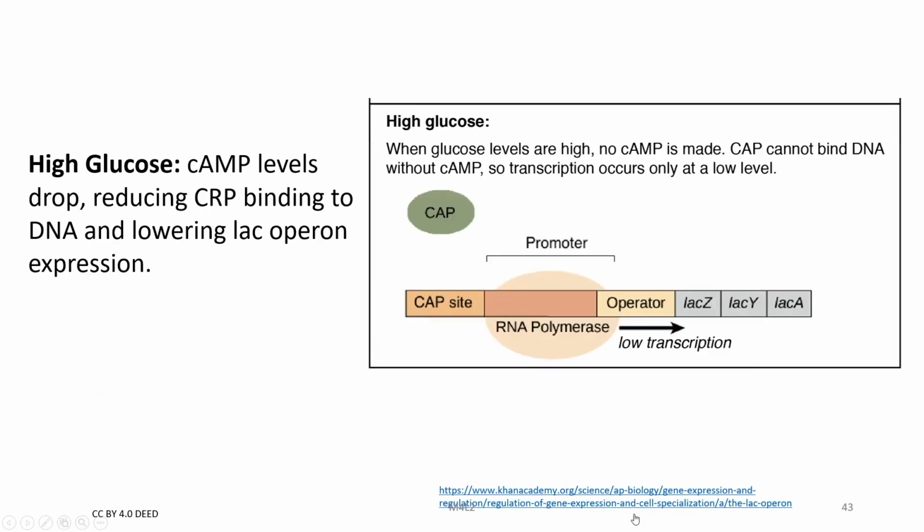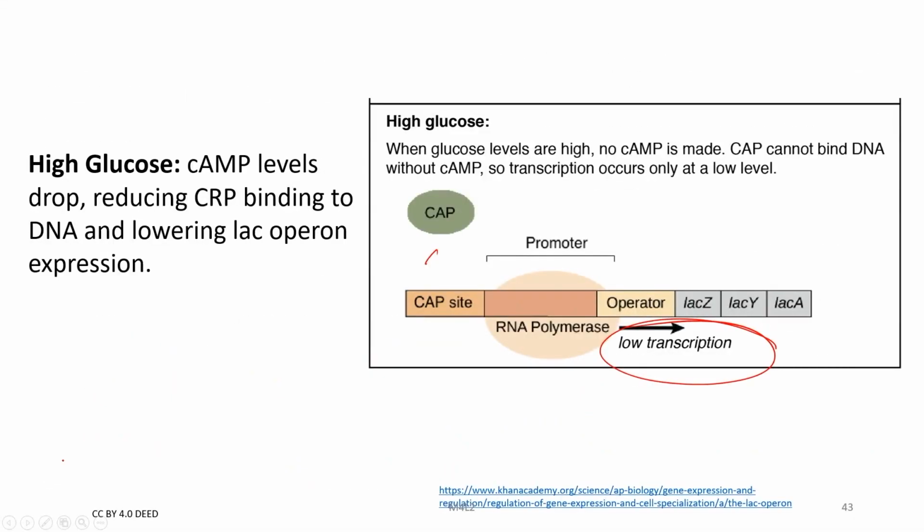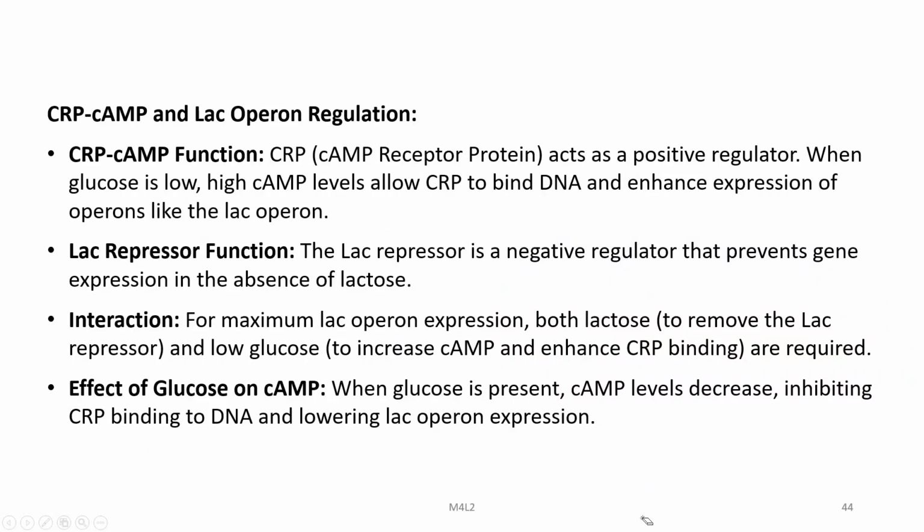Under high glucose condition, cAMP levels drop, reducing CRP binding to DNA, you can see here, and lowering the LAC operon expression. The transcription will be low in this case, and here the transcription is high because the CAP is binding to this site, but here CAP is not binding to this CAP site.